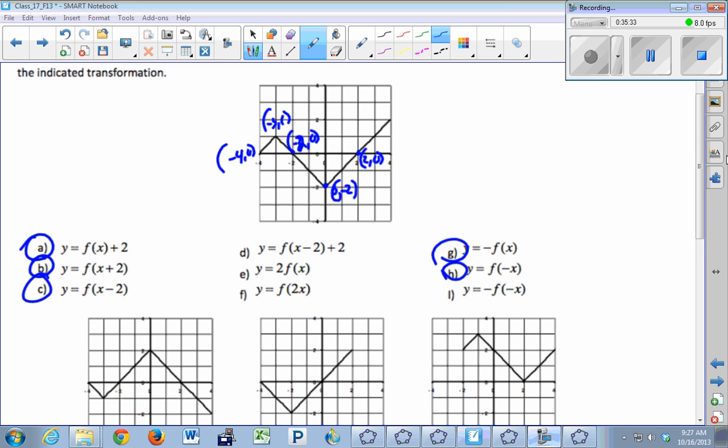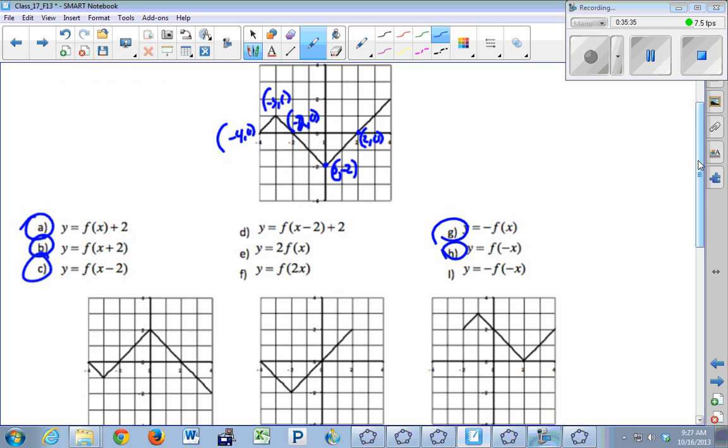So let's take a look at this. So notice on my original function, I put some key points, right? And now all I have to do is look at my transformation and say, what happens to my output? What happens to my input?